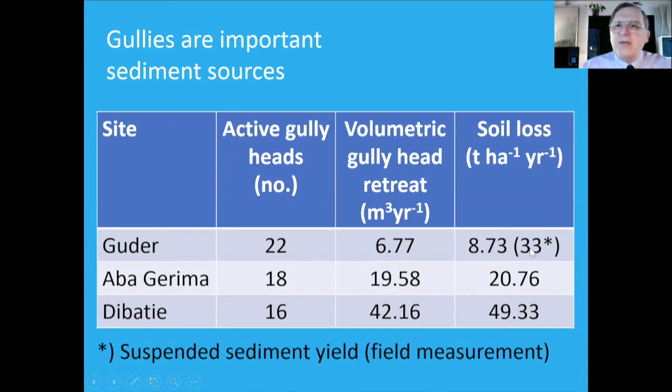Another interesting issue is that in Gudar, the average suspended sediment yield measured by a bubble is about 33 tons per hectare per year. And these data tell us that 22 gullies contribute almost 1/4 of the total soil loss of Gudar. So this is a result proving that gullies are really important in contributing to soil loss and sediment yield.